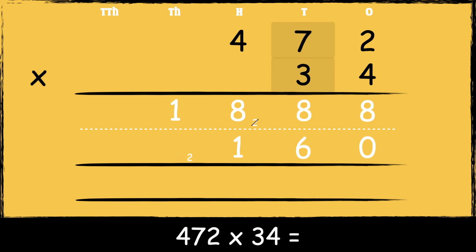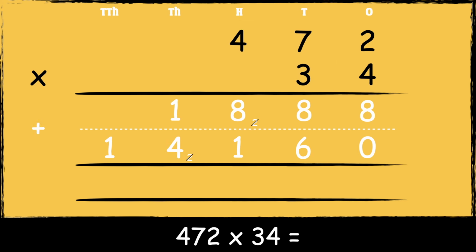We can carry the 2 below in the thousands column, as it represents 2 thousands. Next, we multiply 3 tens by 4 hundreds. 3 times 4 is 12. We need to add the 2 thousands below, so 12 add 2 is 14.